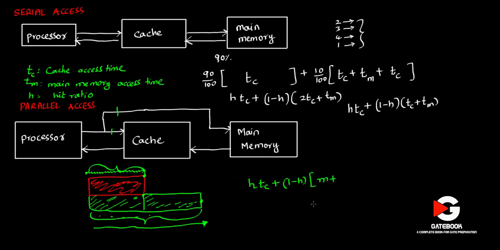After that, the data is available in the cache, so we simply take it, which takes Tc. So this is the formula. But if we do the optimization like we did before, then the formula will be H into Tc plus (1 minus H) into directly Tm. So this is the final answer.